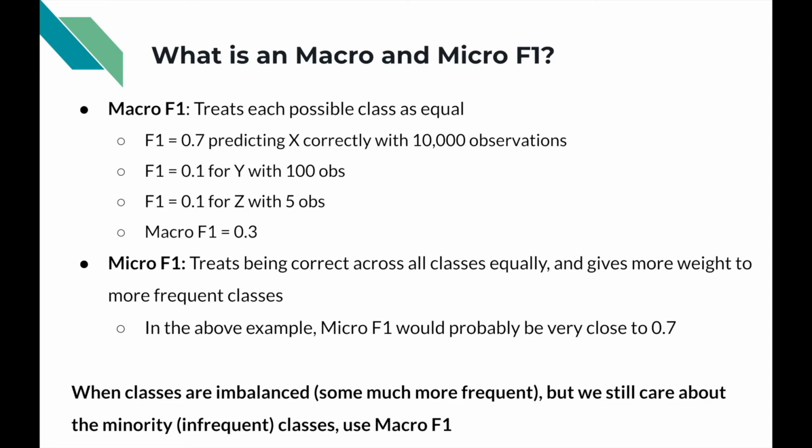So being correct about X is worth just as much as being correct about Z. And in that particular outcome, we would say micro F1 is probably very close to 0.7 because 98% of all observations are actually for class X, which has the F1 score of 0.7. When classes are very imbalanced, there are some that are much more frequent than others, but we still care about those minority or infrequent classes. Getting those infrequent classes wrong is penalized much more harshly in macro F1 than micro F1.